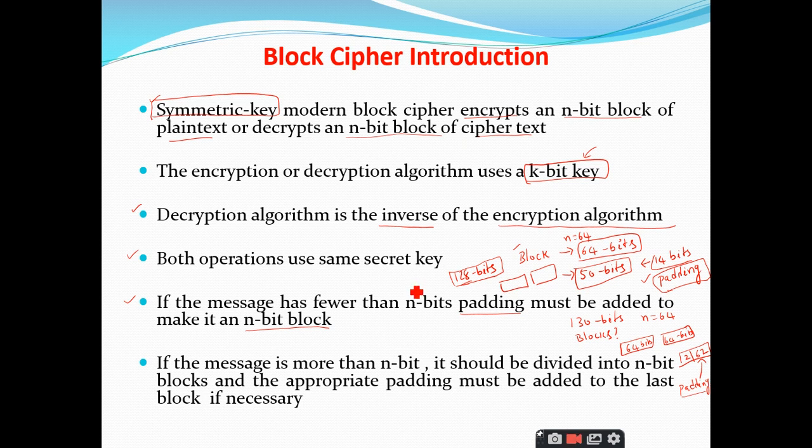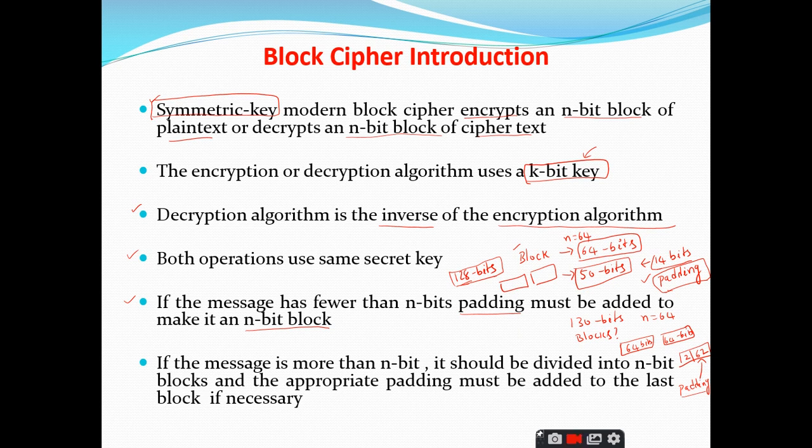Padding. Right. So this is how you are going to do it in block ciphers. Remember that a block is nothing but a combination of bits. I'm just summarizing the things, right? A block is nothing but a combination of bits. It can be an n bit block. N, in general, will go with 64 or more, right? And every encryption and decryption should have a k bit secret key. And both encryption and decryption make use of the same key. Why?